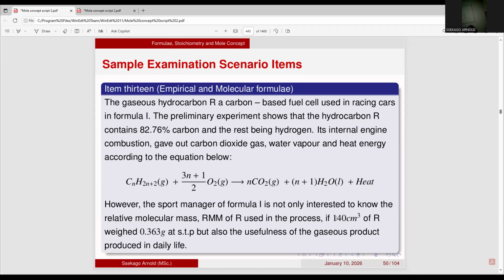Sorry, not 1.4, 140 centimeters cubed of R weighed 0.363 grams. This information is going to help us determine relative molecular mass. Now I go back to the item.